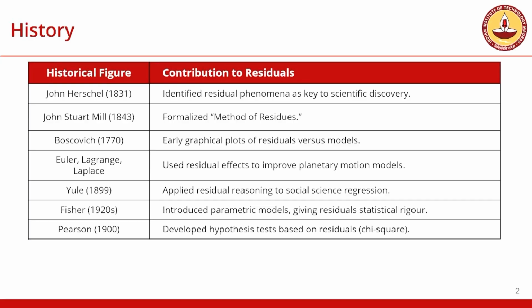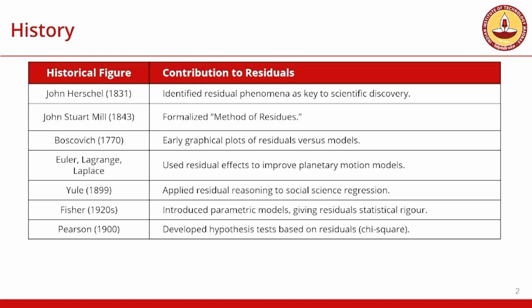By the 19th century, scientists widely accepted the utility of comparing simple models with more complex ones, interpreting residuals to identify where the models could be improved. This era saw the beginning of statistical testing based on residual analysis.